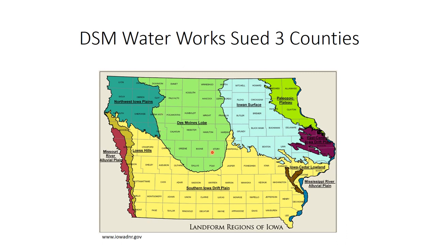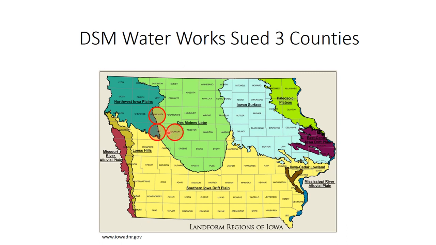Now, the areas that were a concern for this lawsuit were Buena Vista, Sac, and Calhoun counties. So these 3 counties have the Raccoon River flowing right through them, and the Des Moines Waterworks noticed that the Raccoon River was getting most of its nitrate load from these 3 counties.